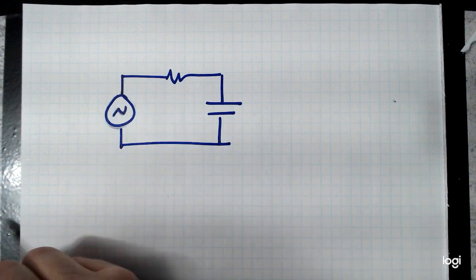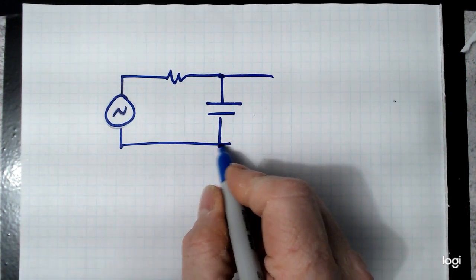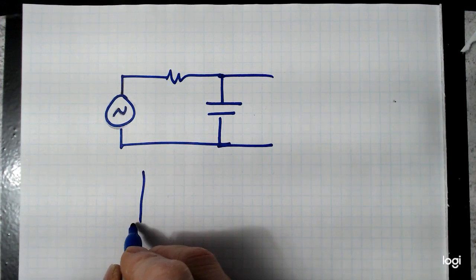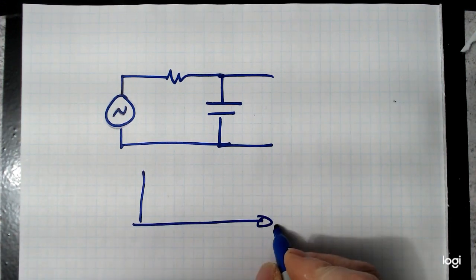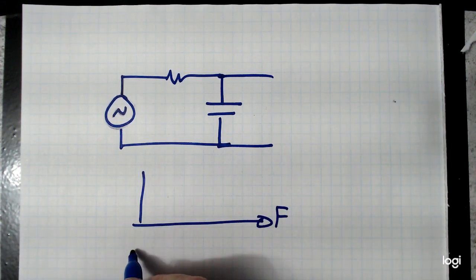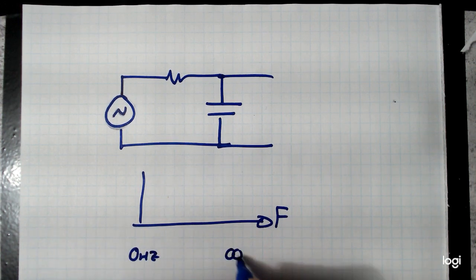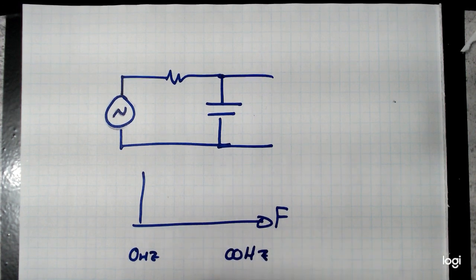Let's apply an AC voltage to the input of this. What we're going to do is sweep the frequency from 0 hertz to infinite hertz, or a low frequency up to a high frequency, and let's consider what happens.